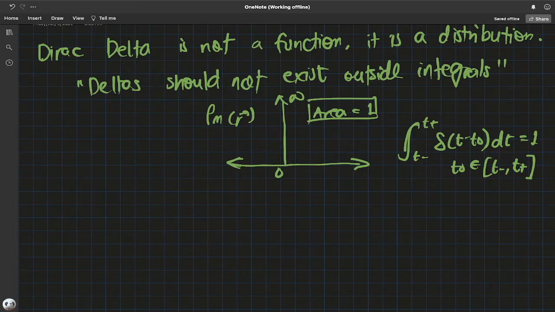So again, this area equals 1 was highlighted in the fact that the integral is 1. The Dirac delta on its own is just this infinite spike, which is basically an infinity. So it makes sense that they shouldn't exist outside integrals because they're just infinities.